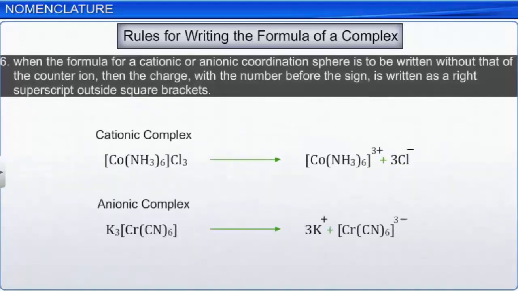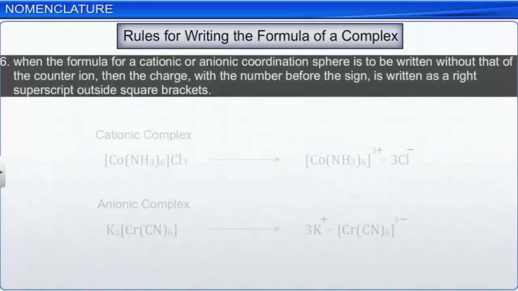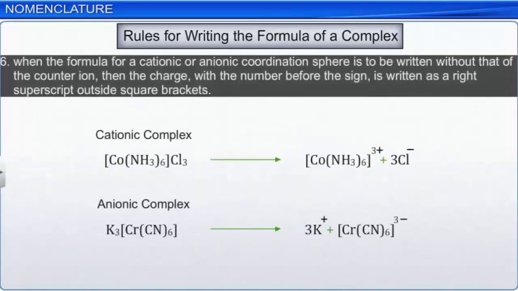The sixth rule for writing the formula of a coordination complex is, if you write a cationic complex or an anionic complex without a counter ion, we must denote the charge of the coordination complex as a superscript.